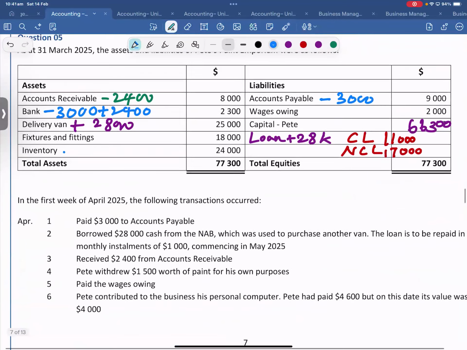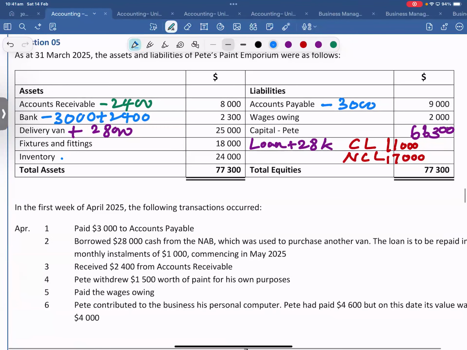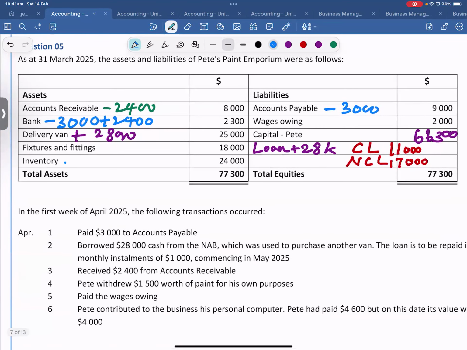Then April 4th. So even withdrawing from the bank, your bank would decrease. Your bank decreases and then your capital increases as well.